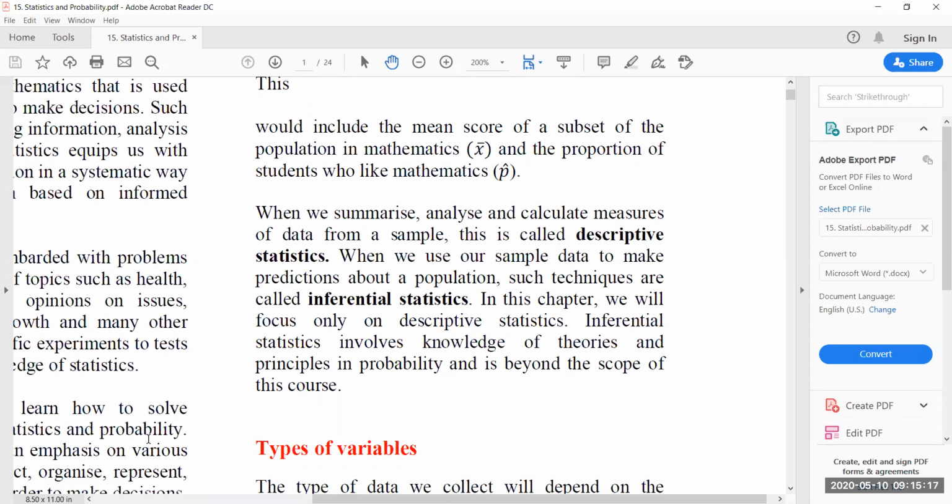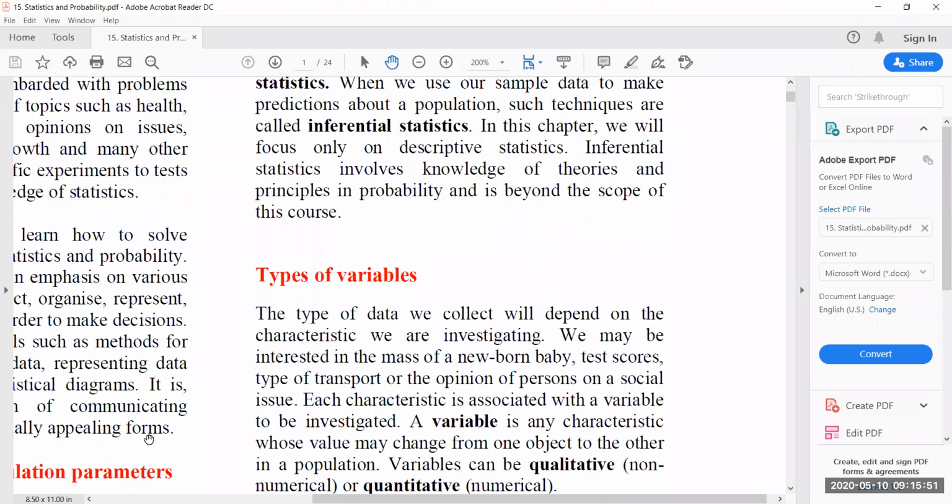So for example, let's say you're conducting research on diabetes in Trinidad, and from your sample you say that because of the eating habits of Trinidadians and Tobagonians, you can clearly see that there will be an increase in diabetes cases, etc. That is referred to as inferential statistics, when you are making a prediction about a population based on the information that you gathered from that sample. So let's get into it.